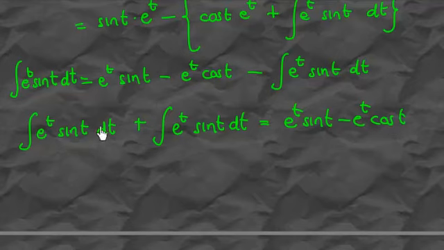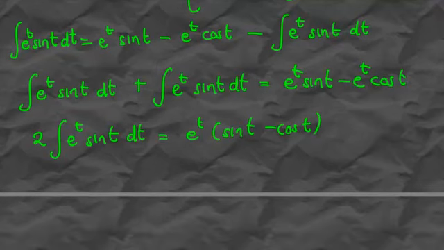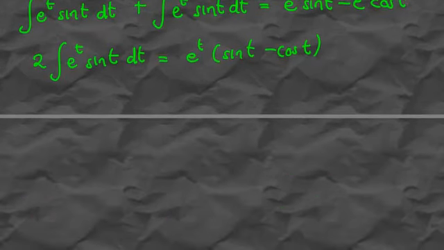Now we have two copies of this integral, so twice the integral of e to the t sine t dt is equal to, we can factor e to the t out, okay. Now we can solve for the integral that we are looking for.